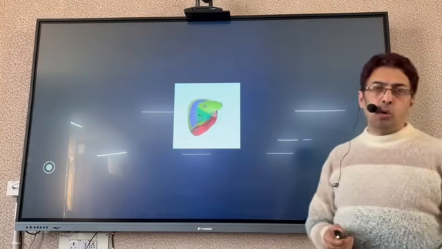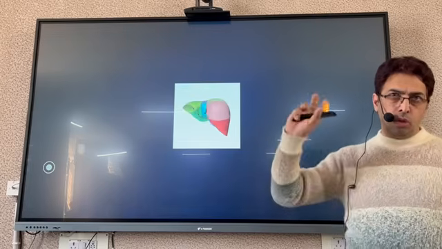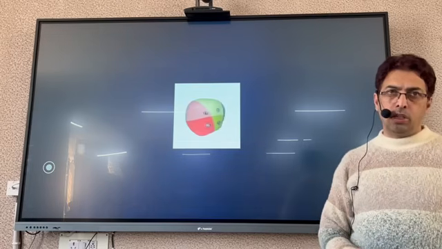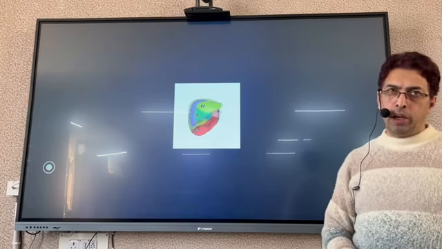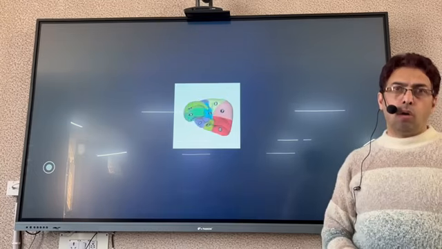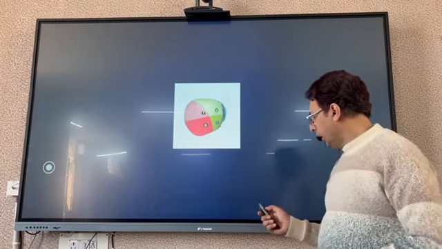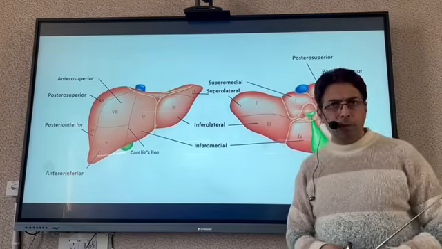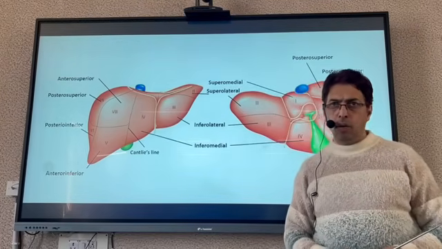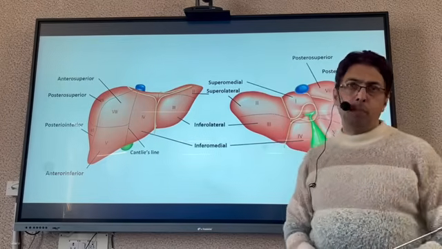Now this shows the 3-dimensional concept of the Couinaud segmentation. So this is a rotational figure, and you can see all the segments over here. So this is the basis of Couinaud segmentation of the liver. Okay. So this explains it far more clearly on the anterior and the posterior surface.